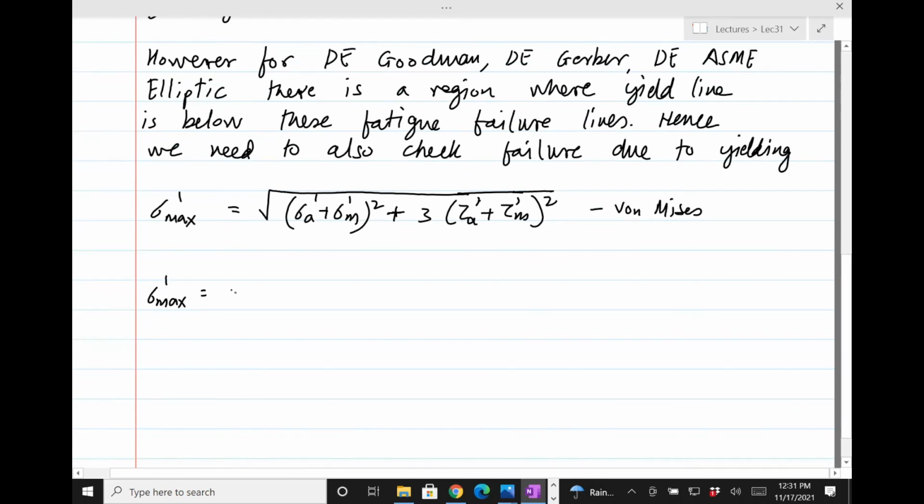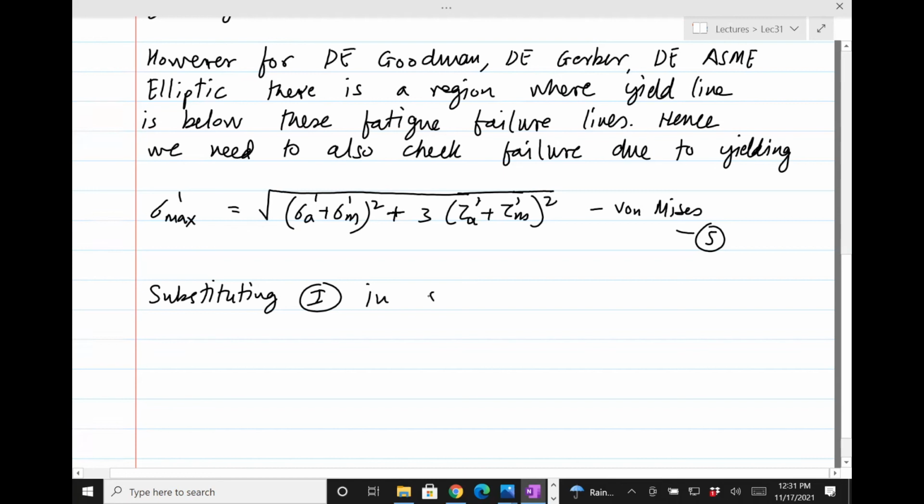And so let me just put this as 5, substituting again equation 1, which is what I wrote last class.